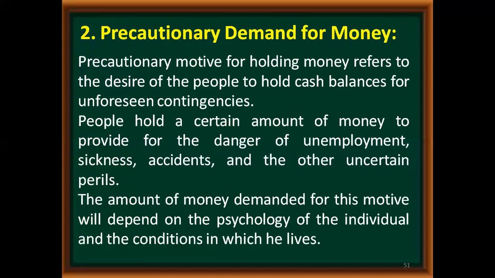Whereas if the conditions are stable and favorable, then the demand for the precautionary motive will be less. So this depends upon subjective factors, which differ from person to person. These factors are not going to affect everybody in the same manner. It depends upon the psychology and the mental condition of an individual.